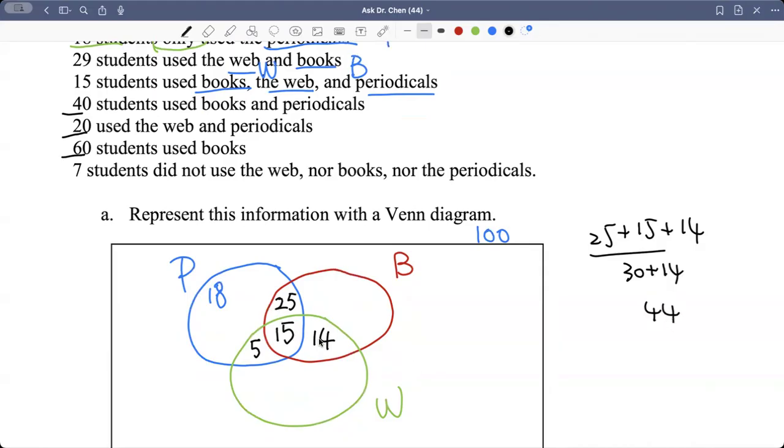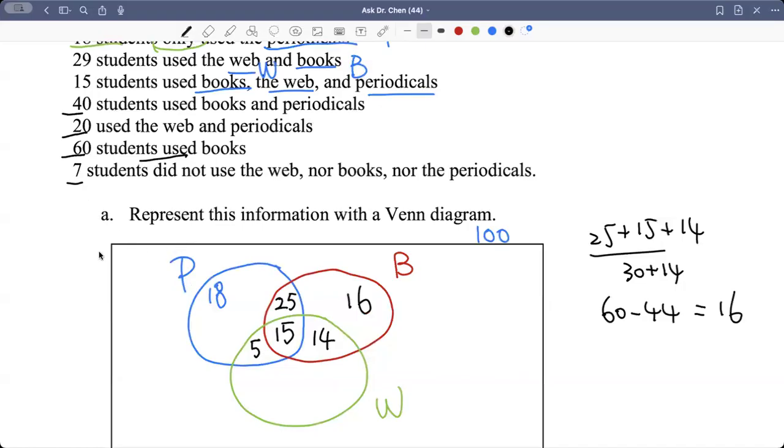So 44 is already there in the intersection, and the total is 60 students who use the books. So 60 minus 44, we get 16. So 16 students only use the books. Only, because here there's no only.